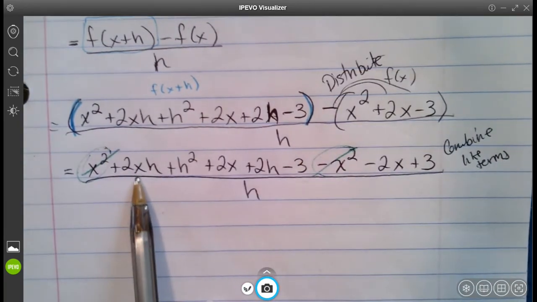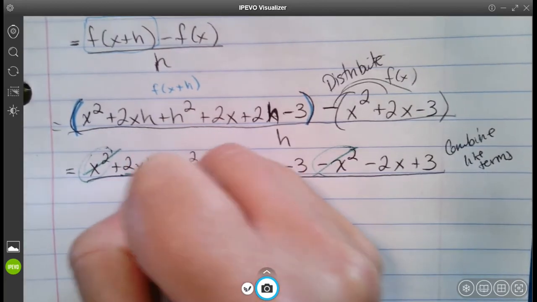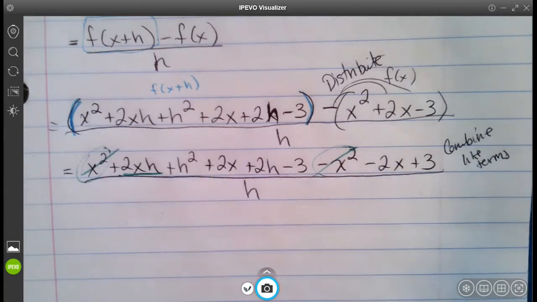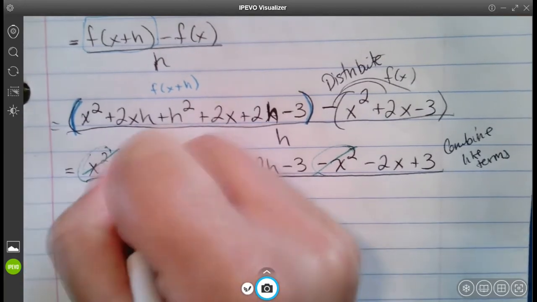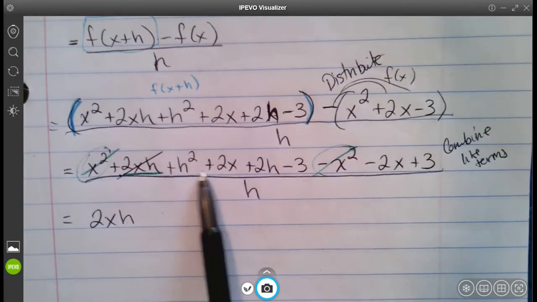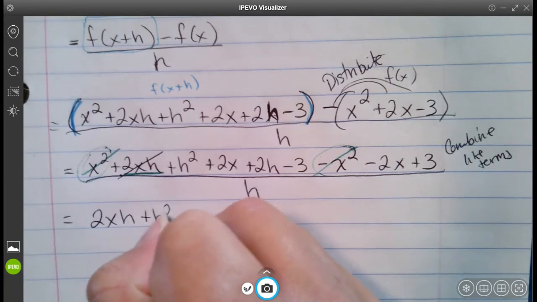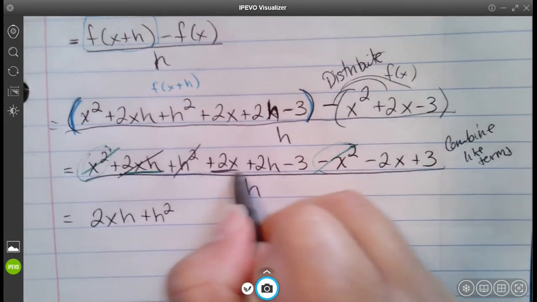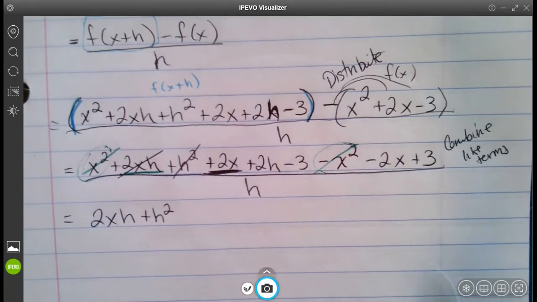Okay. Then I have 2xh. Let me see. So I have this guy here. And I don't think I have any more 2xh's in here. So 2xh is by his lonesome here. So 2xh. Cross it out. h squared. I don't have any more h squared, so I'm going to go ahead and bring that one down too. Okay, 2x, so now I'm looking here at the 2x, and it looks like I have a negative 2x here.